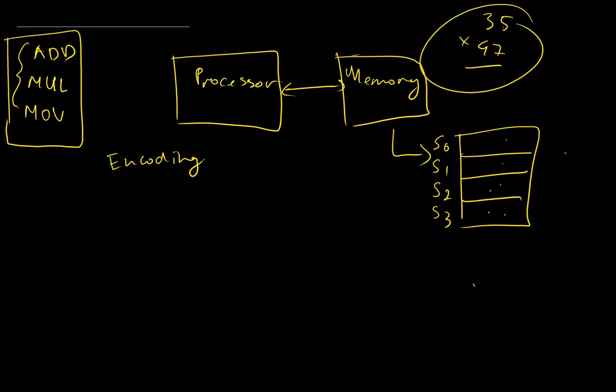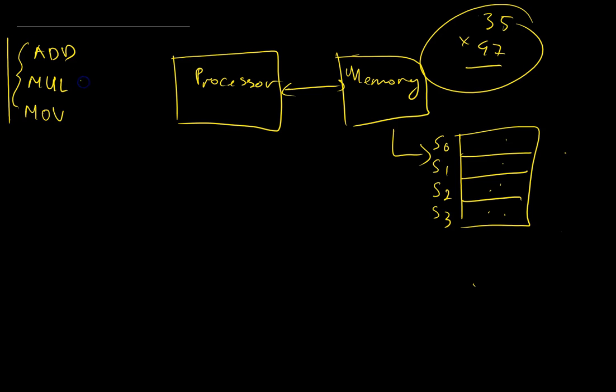We need an encoding from the human world, where we understand addition and multiplication, to the 1101111 world of computers, so that computers can understand what we're actually doing. And the simplest encoding that we could do in this case is to just number them off. So we have 3 instructions.